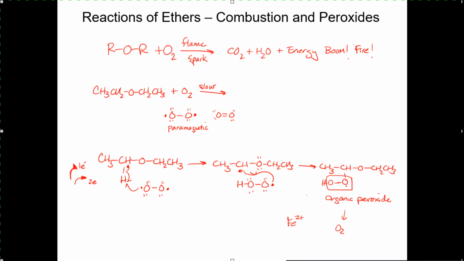Or if you picked the bottle up, it could explode because the peroxides were being shocked. Or if you heated the ether, it could essentially explode because it had peroxides in it.